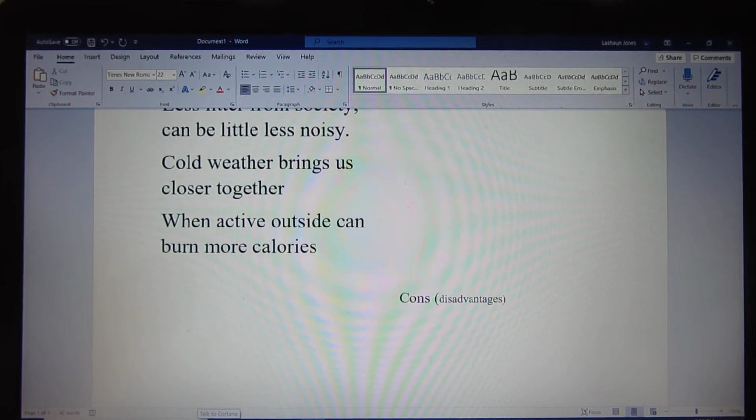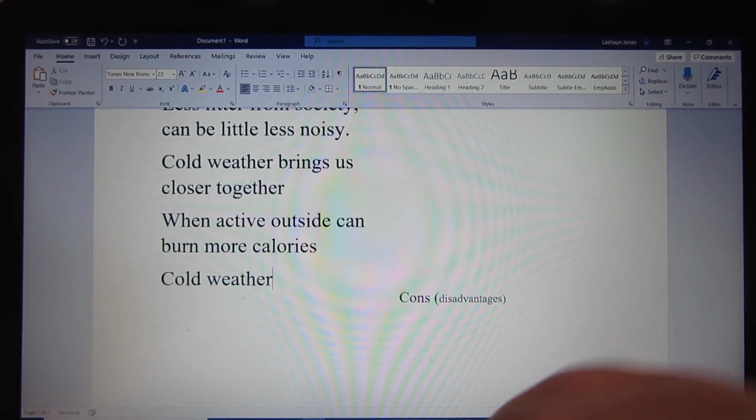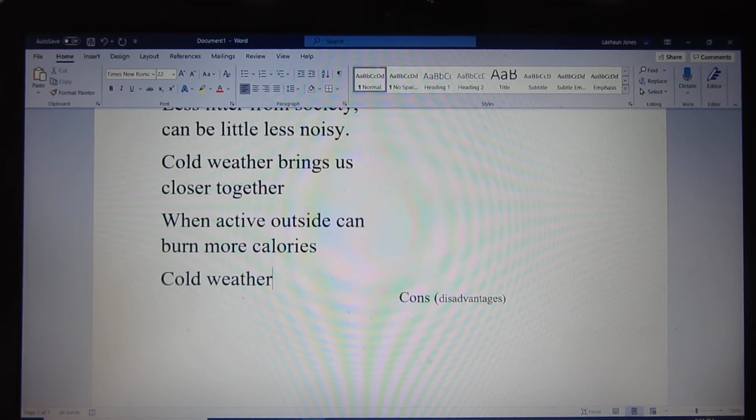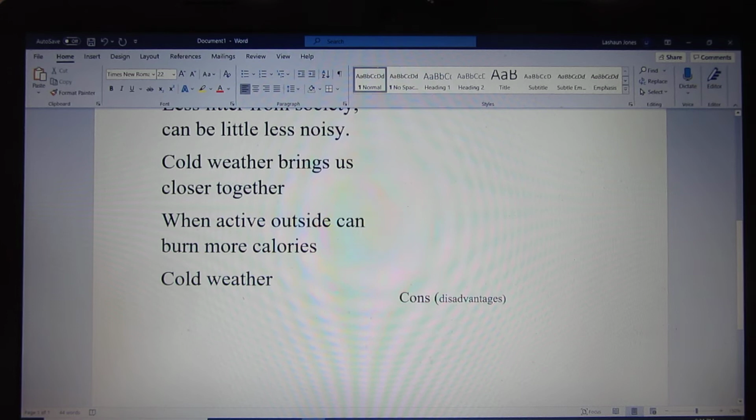I'll continue to look that up, but I think the heat, if you're outside a lot, and you get a scar or something, the heat can cause your body to swell up more. So I'm gonna write that down. Cold weather reduces inflammation. It can reduce. So cold weather can reduce inflammation.